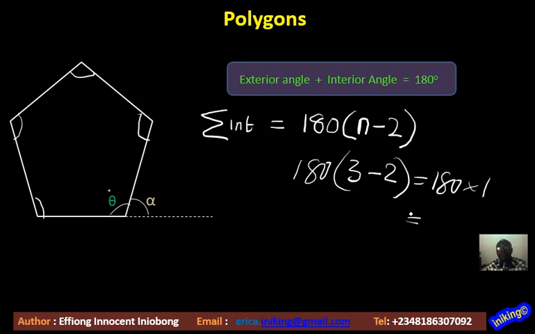Of course you will agree with me that if you try that for a quadrilateral, it should give you 360, just as we know that the sum of the angles in a square, a parallelogram, a trapezium, a rectangle, all of them give us a total interior angle of 360 degrees. So that's the expression when we want to obtain the sum of the interior angles of a polygon.